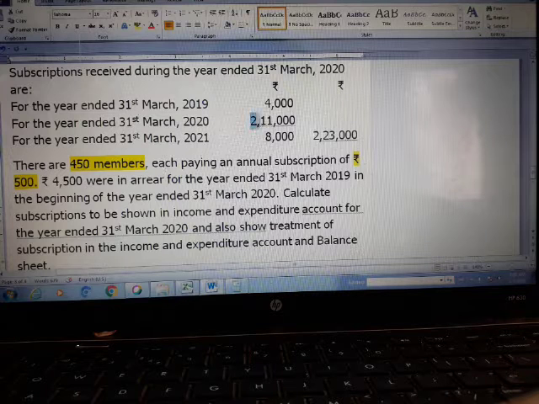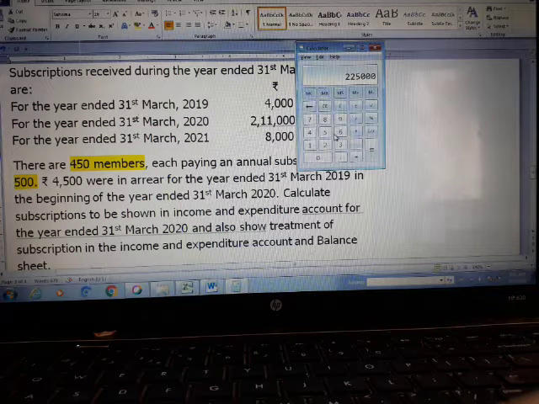But during the current year, how much have you got as subscription? Only rupees 2,11,000. So out of 2,25,000, you got only 2,11,000. When I subtract this 2,11,000 from the total receivable amount of 2,25,000, I should still receive a further amount of rupees 14,000, which I have not received.